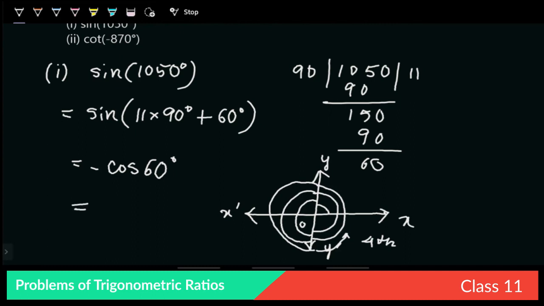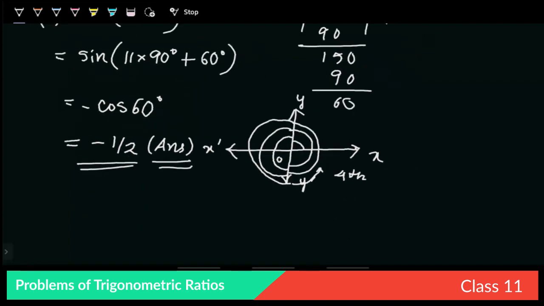Since it is falling under the fourth quadrant, sine is negative, so we put a minus sign: minus of cos 60 degree. So what is the value of cos 60 degree? It is half. So my answer will be minus half. Okay, so the first question's answer is minus half.